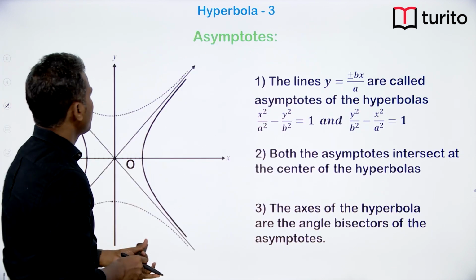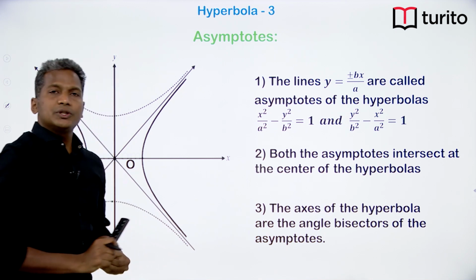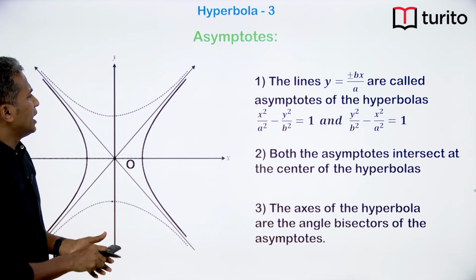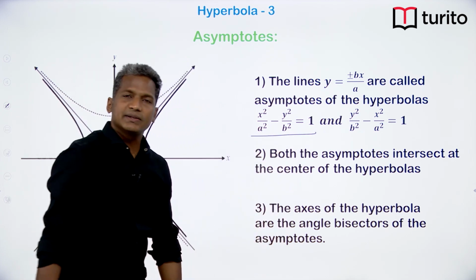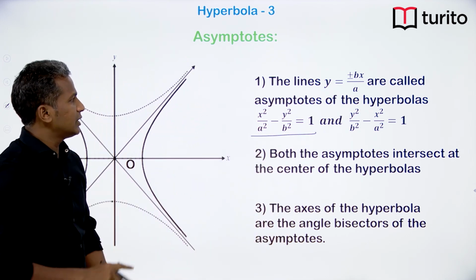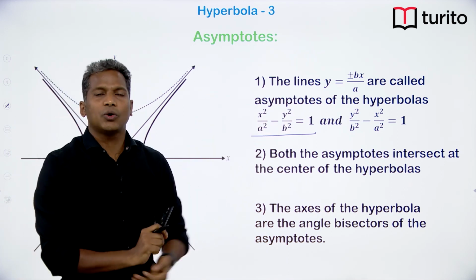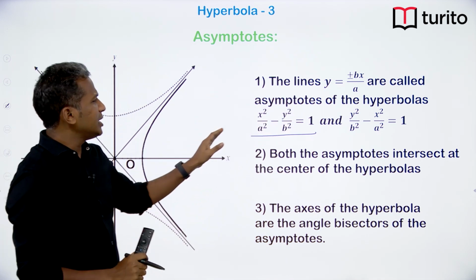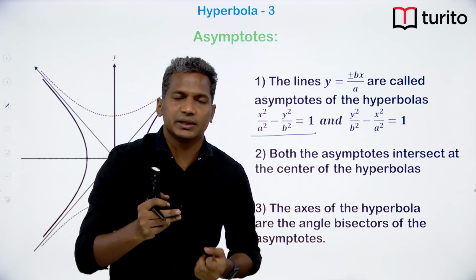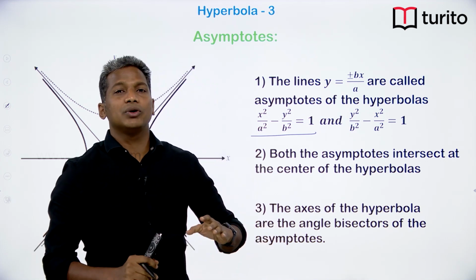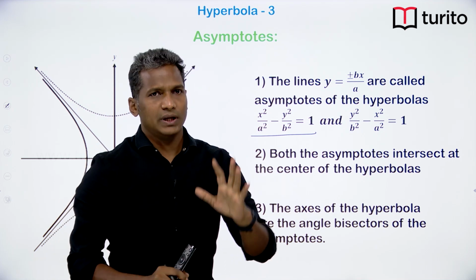So, next, when it comes to the asymptotes, we are taking the hyperbola x square by a square minus y square by b square equal to 1, and also its conjugate. For these two hyperbolas which are mutually conjugate, the asymptotes are exactly the same.